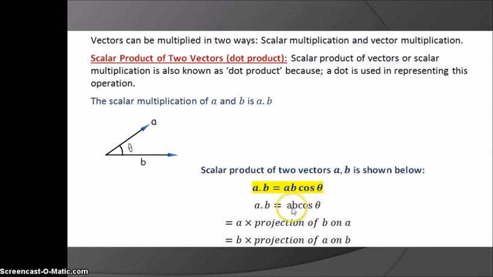In order not to confuse yourself, just stick with the formula for the dot product: A dot B equals AB cos theta.